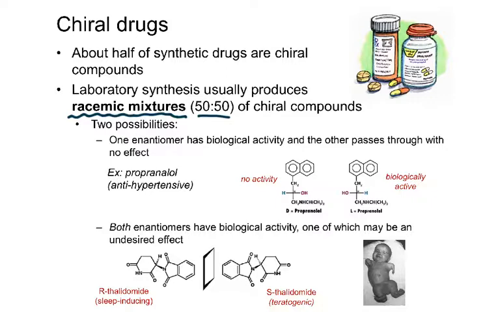The D, or right-handed version, has no activity, so it does nothing. It's just like filler. The left-handed, the L version, is the one that's biologically active and acts as an antihypertensive. So this is the one that actually has drug activity, but the other one is harmless, and so it's fine.